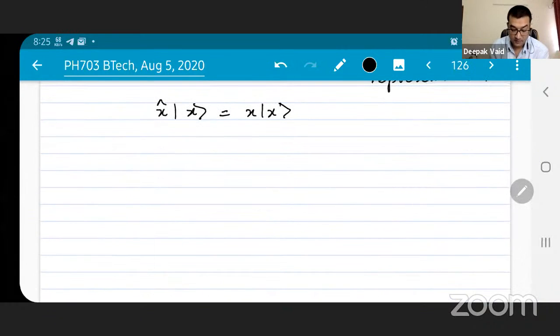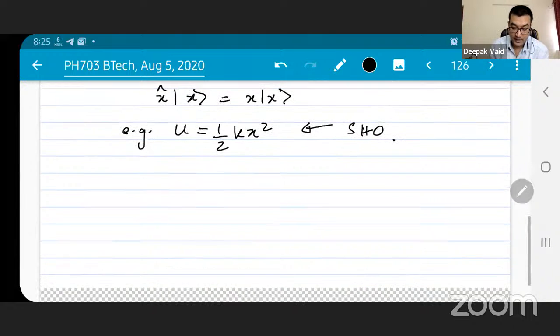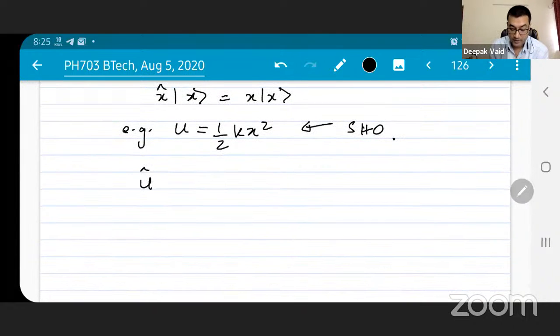As an example, if you think of U equal to 1/2 kx squared, this is the potential energy for a simple harmonic oscillator, right? And if you write down the operator, well, the operator is 1/2 k x hat squared.